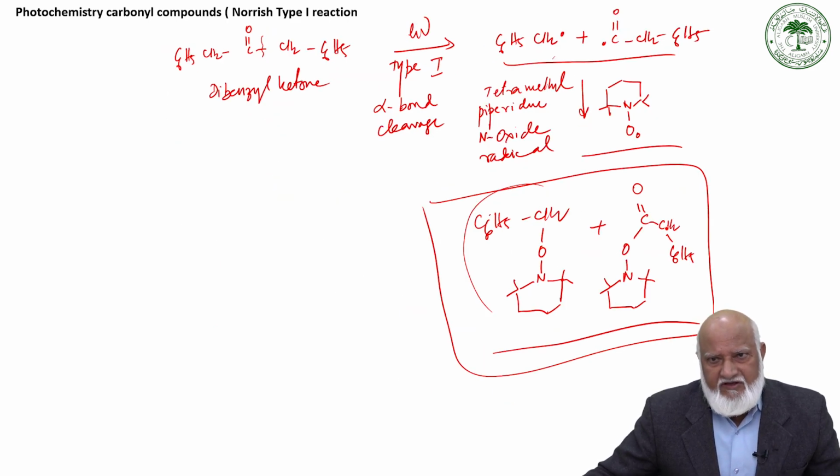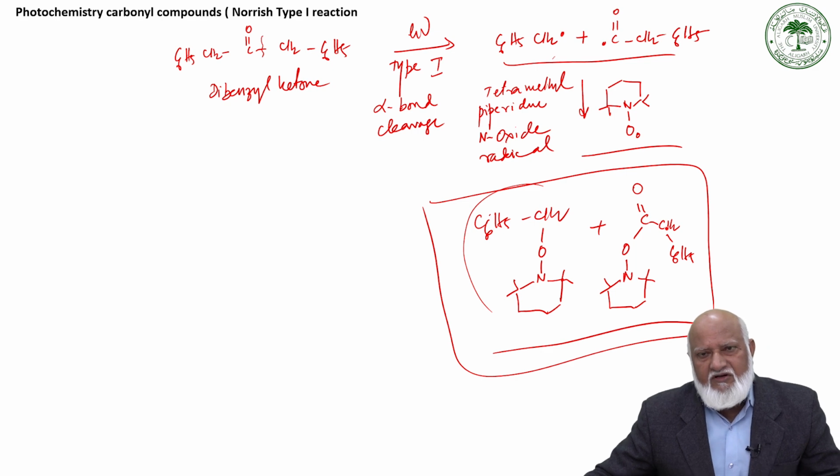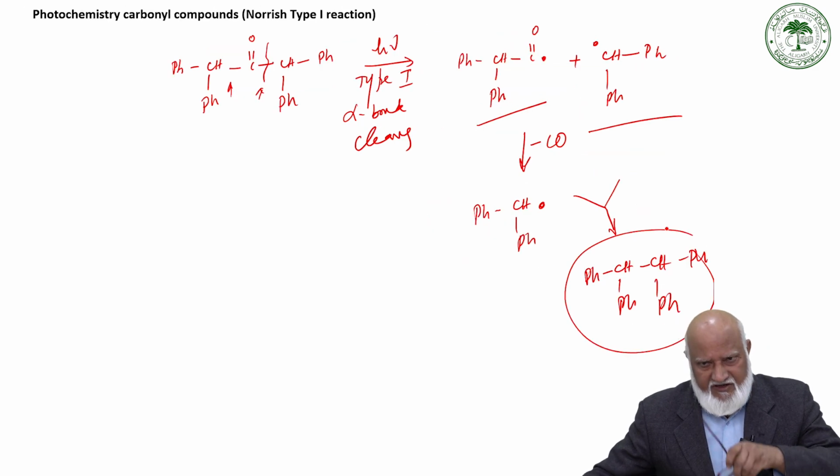The alpha bond cleavage to give the acyl radical and carbon center radical is well established by radical trapping reagents such as tetramethyl piperidine N oxide, and the formation of these two radical trap products indicates that the initial step involved is this reaction.